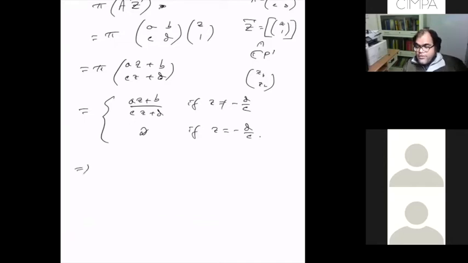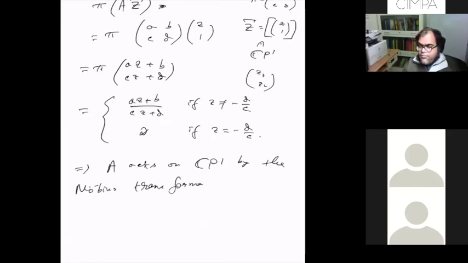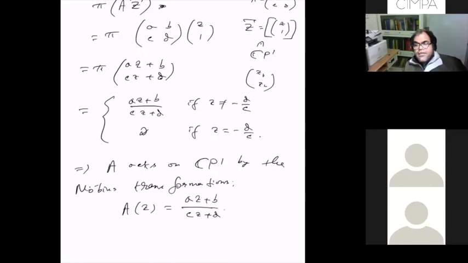So this implies A acts on CP^1 by Möbius transformations, AZ equals (AZ+B)/(CZ+D).